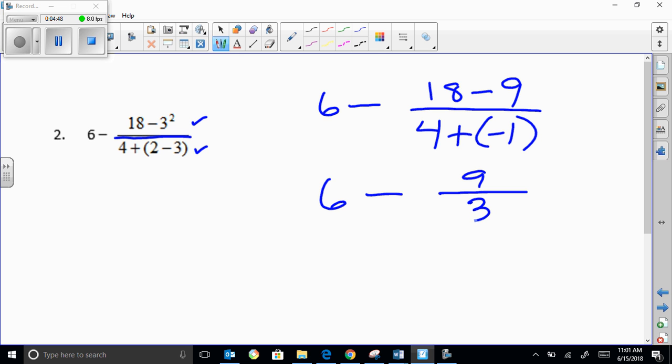The denominator, 4 plus a negative 1, is 3. And then that gives me 6 minus 9 divided by 3, which is 3, making my answer 3.